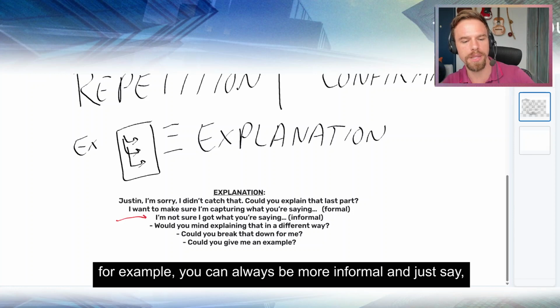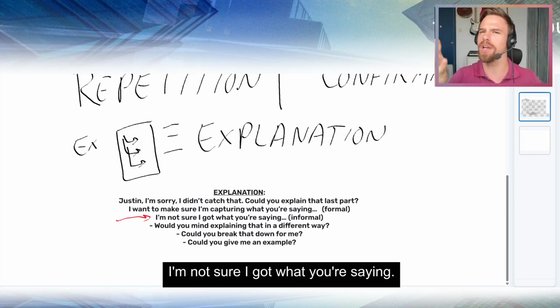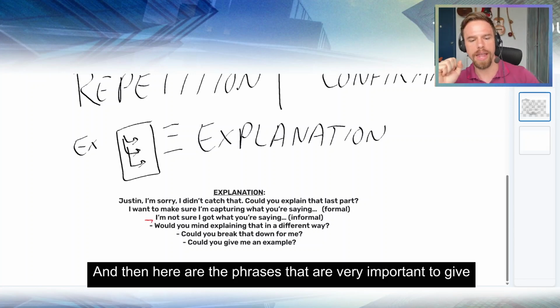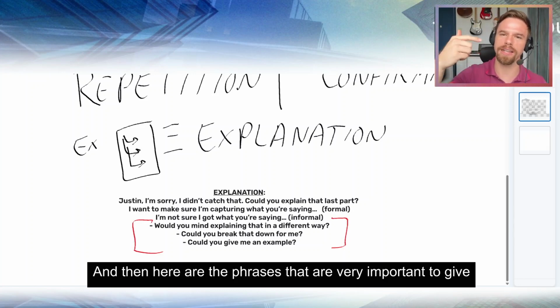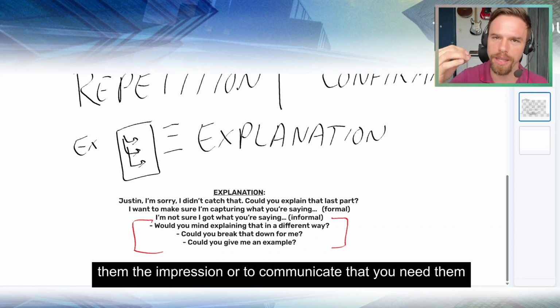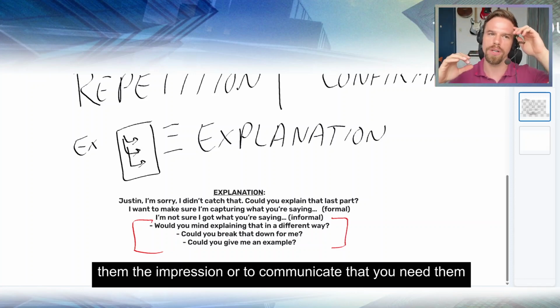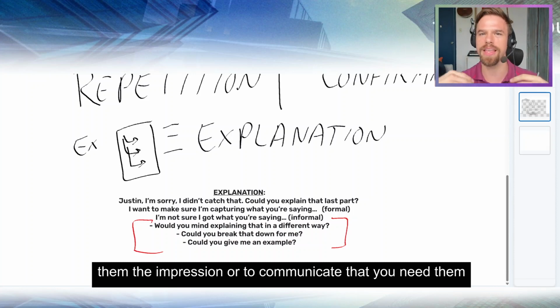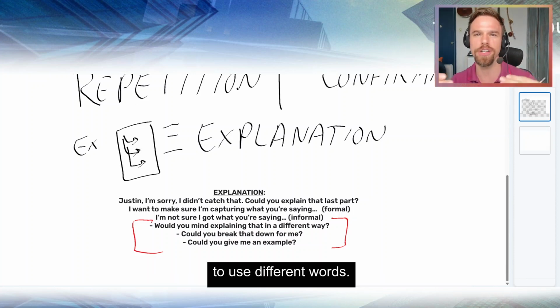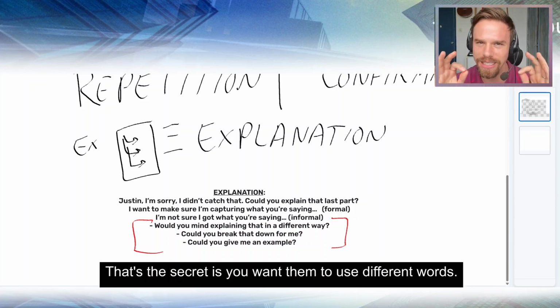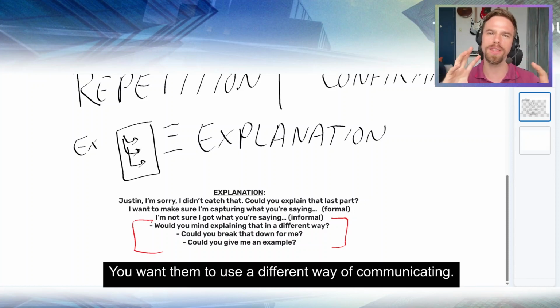You can always be more informal and just say, I'm not sure I got what you're saying. And then here are the phrases that are very important to communicate that you need them to use different words. That's the secret, you want them to use a different way of communicating.